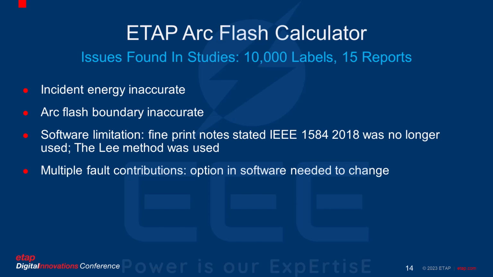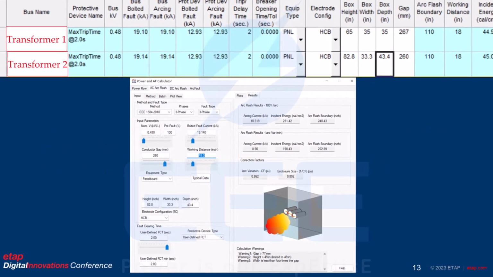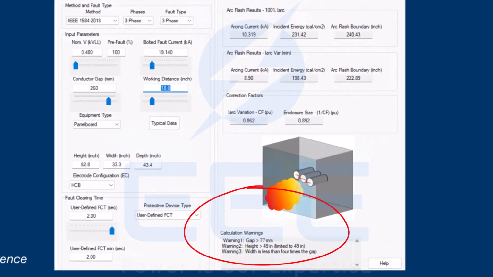Those bus results then used the old method from 2002. It automatically switched. When you run 2018, it switched to 2002. The software had a fine print note telling them. Now notice here, ETAP has the same fine print notes.